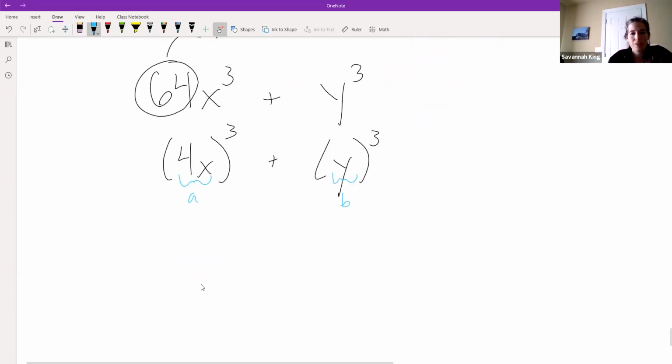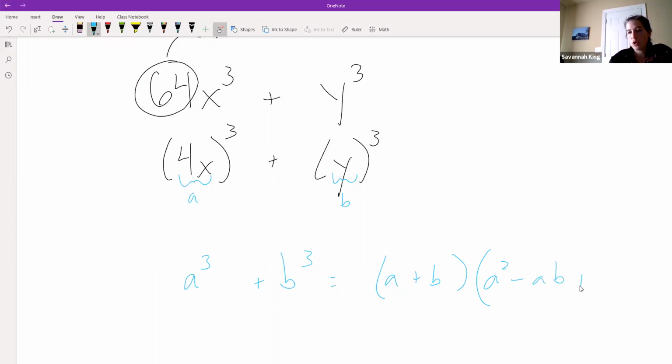Okay, so the formula, A cubed plus B cubed. Okay, so A plus B, same sign as was in the original problem. And then in the second set of parentheses, we have an A squared. Then the opposite, so same sign, opposite sign, and then always positive there at the end.